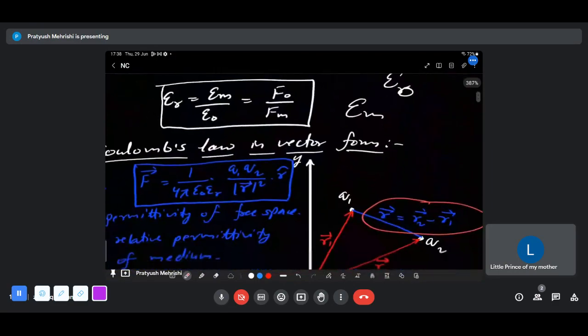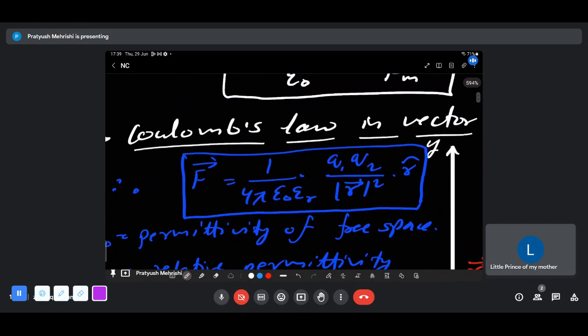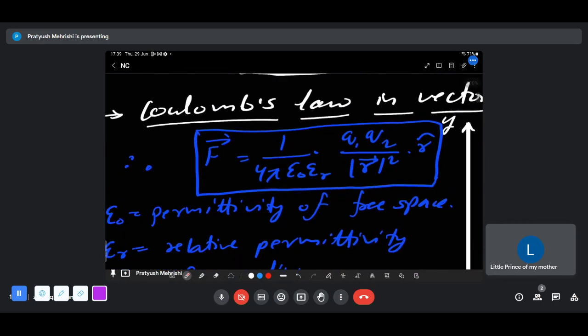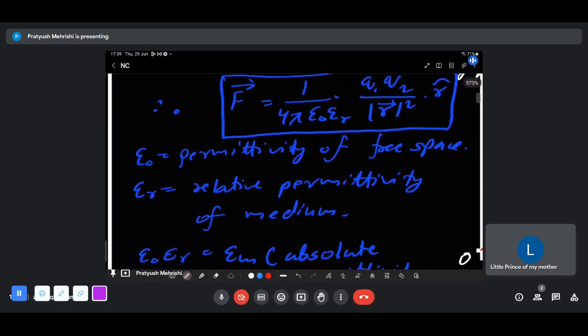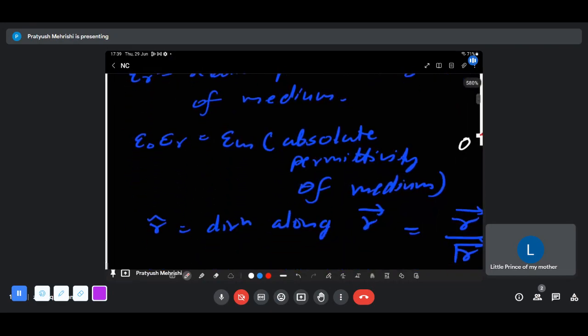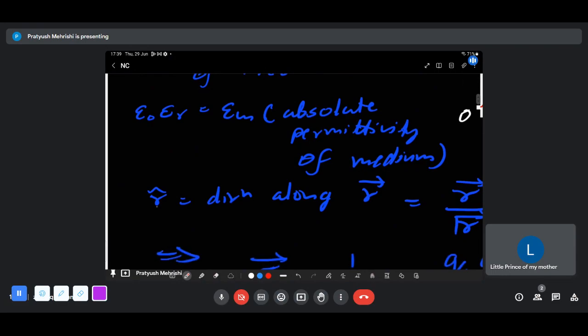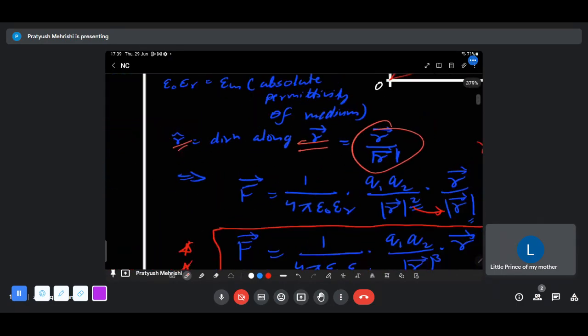Similarly here, force is equal to 1 by 4 pi epsilon naught epsilon r into q1 q2 upon r square, where epsilon naught is the permittivity of free space and epsilon r is the relative permittivity of the medium. Both of them multiplied give us the absolute permittivity of the medium. What is r cap? R cap is the direction along the r vector, given by the r vector divided by the magnitude of the r vector.